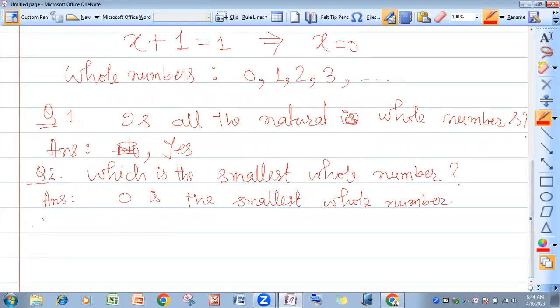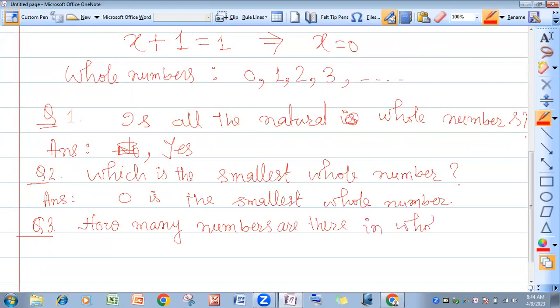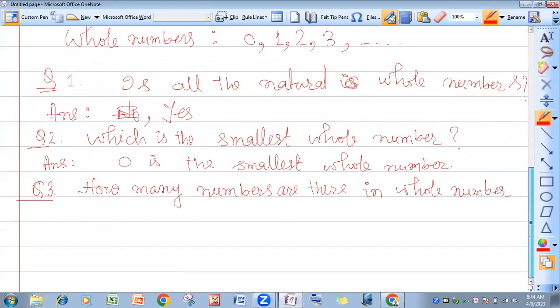Now question number 3 is: how many numbers are there in the whole number collection?